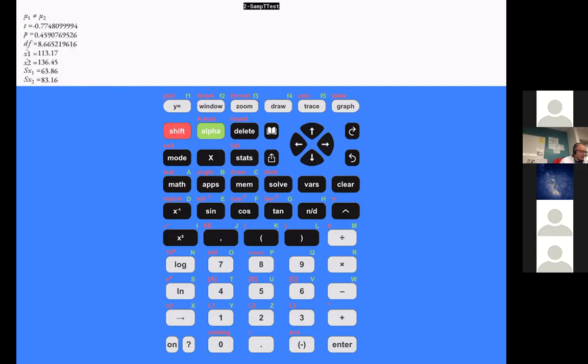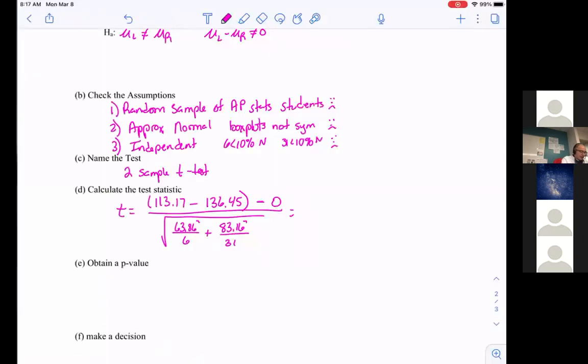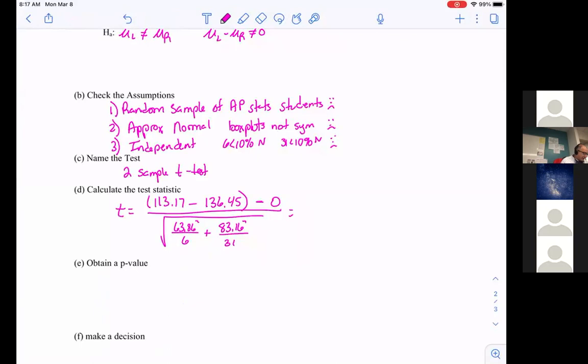So how much did that change? Probably nothing. It changed a little bit. Okay, so now we're back out here. We got our test statistic, t, of negative 0.77. We obtained a p-value that equaled 0.459.